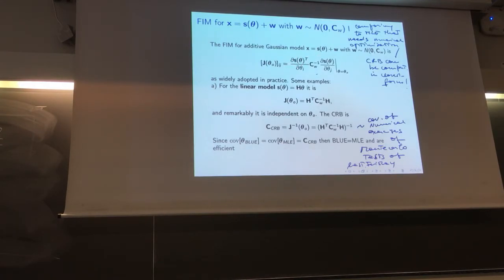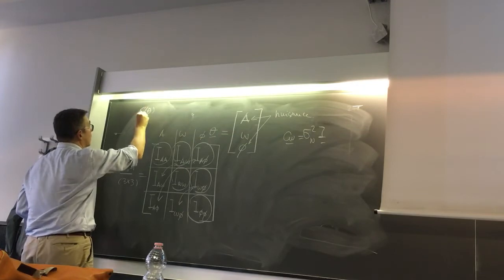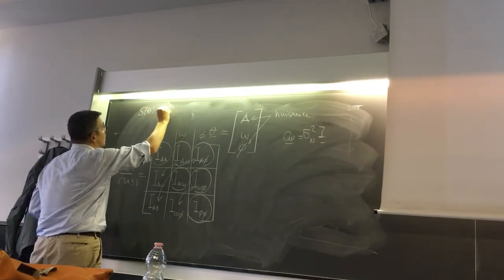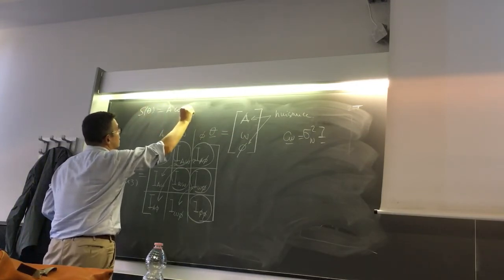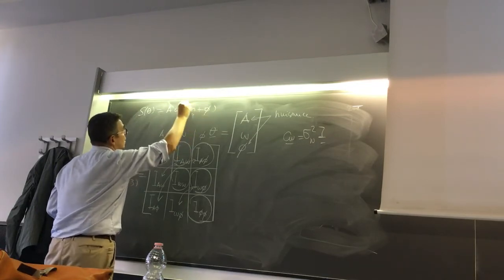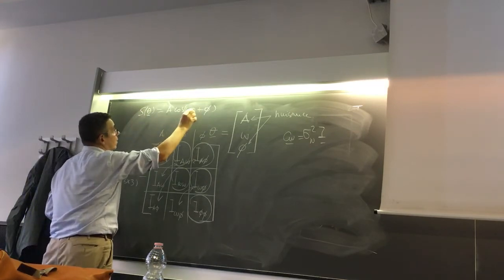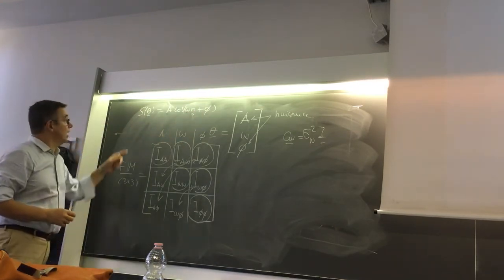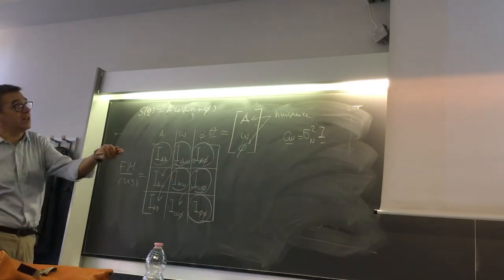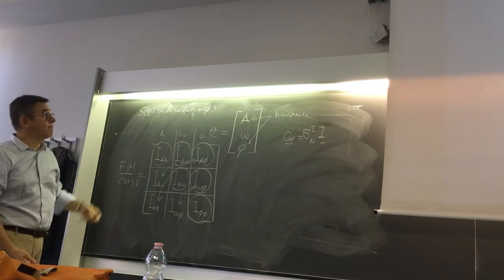So, here is s theta. Now, what is s theta? Let me write here, s theta is amplitude times cosine of omega n plus phase. It is s theta because it depends on amplitude, omega, and phase. And this vector is the vector of all the measurements.